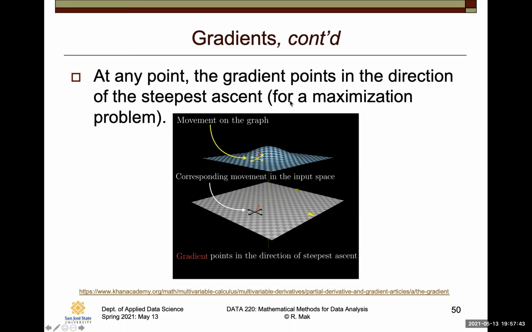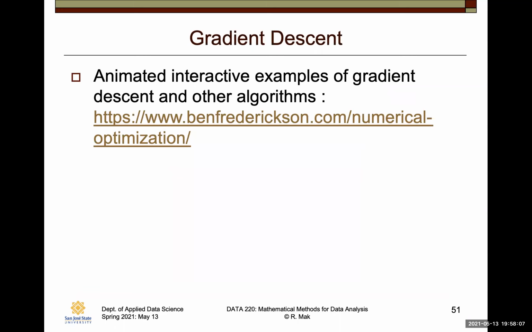And if you look at the three-dimensional image, then you're climbing this hill in the direction of the steepest ascent. Of course, if it's a minimization problem, then you're going down the hill with the steepest descent. This one's a picture of a maximization problem. So gradient descent is for going down to look for a minimum.